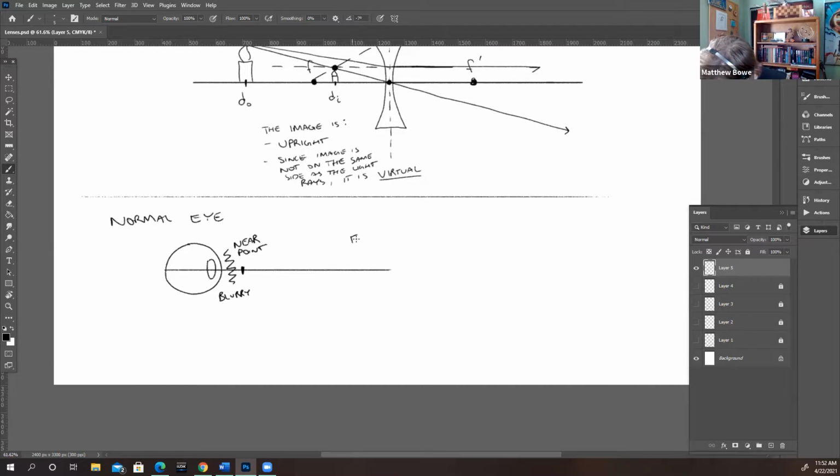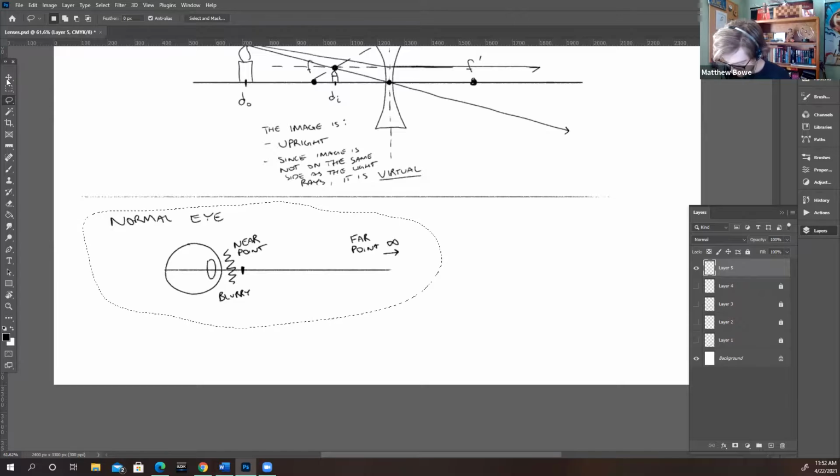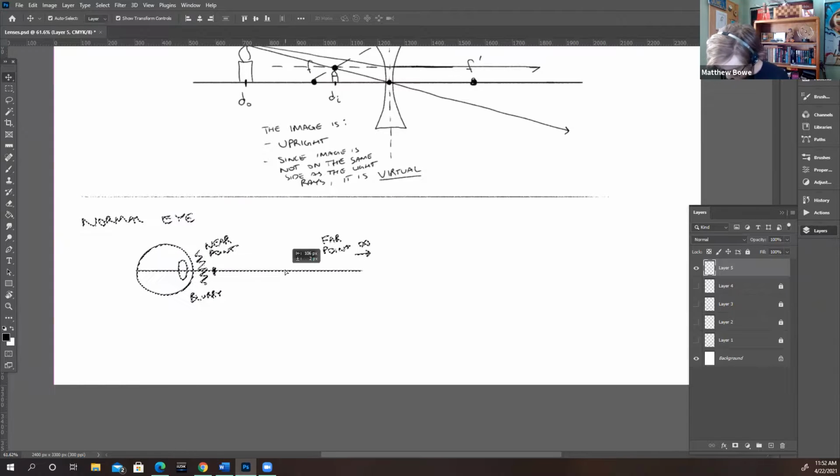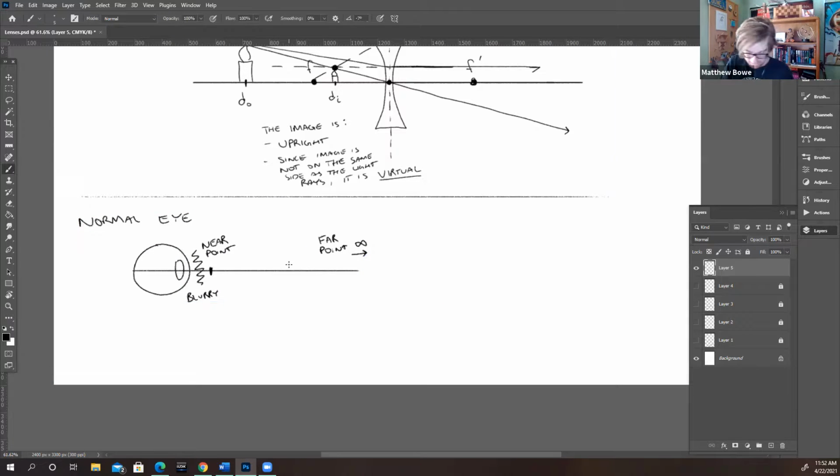It has a far point all the way out at infinity. Okay. So that's for a normal eye. I think it's normal for people to have something going on with their eyes. For an eye with 20/20 vision, I'd put that here.